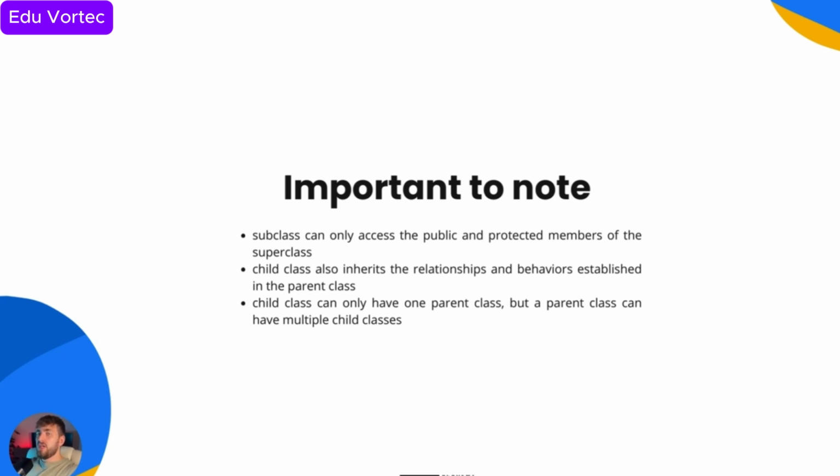For example, if the parent class has a relationship with another class, the child class will also have that same relationship. It's also important to note that a child class can only have one parent class, but a parent class can have multiple child classes.